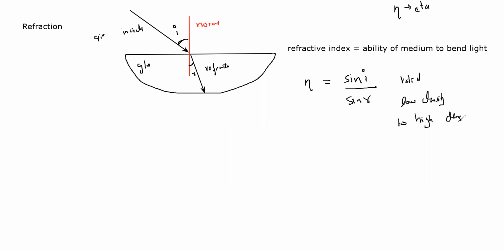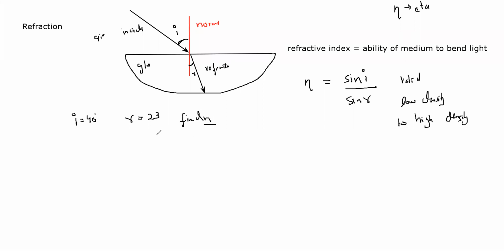So if I say that the angle of incidence was 40 and the angle of refraction was 23, and the question is find the refractive index, find N.